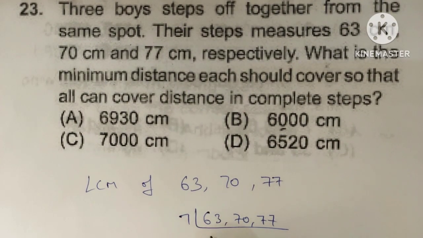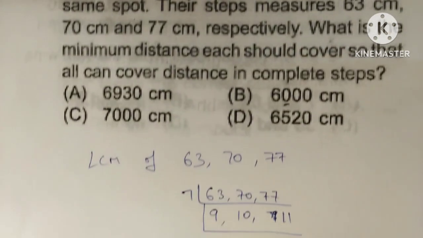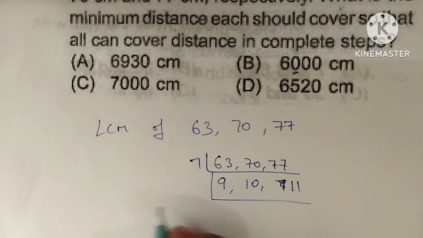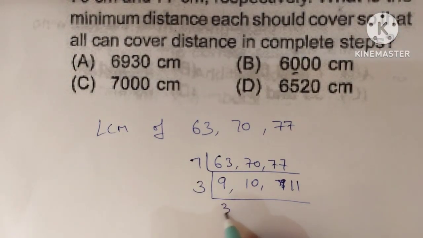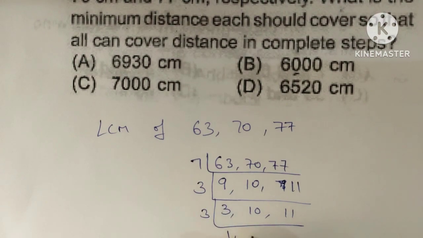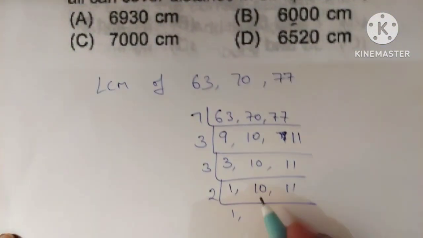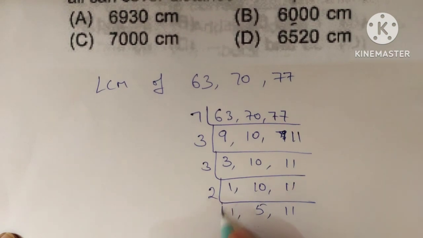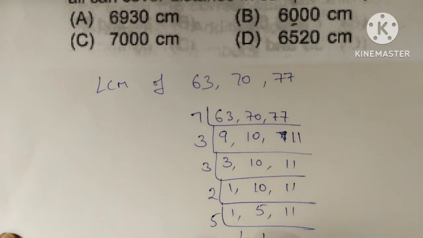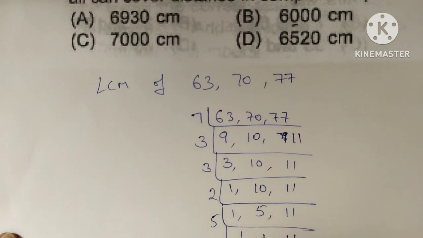Now 7 table, 7 9s are 63, 7 10s are 70, 7 11s are 77. Three table, 3 3s, again 3 table, 2 table, 5 table and 11 table.